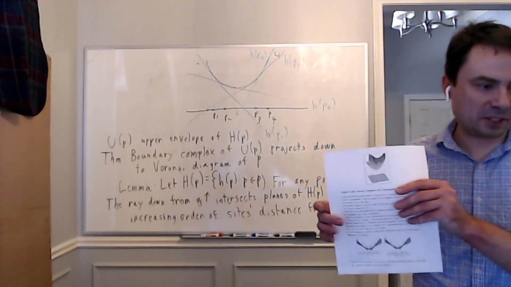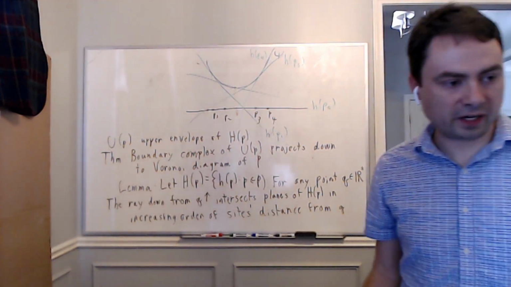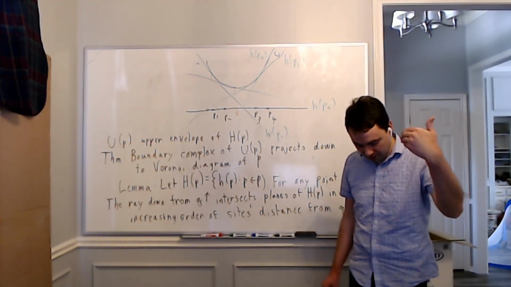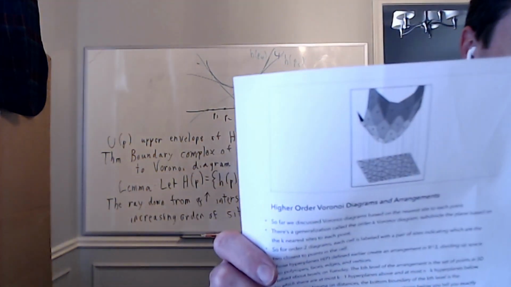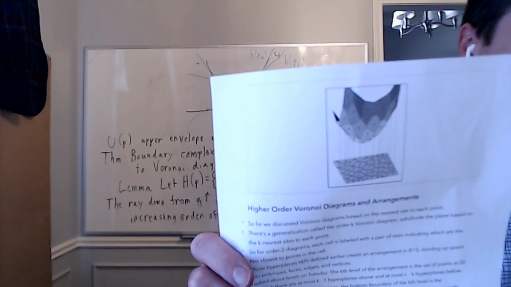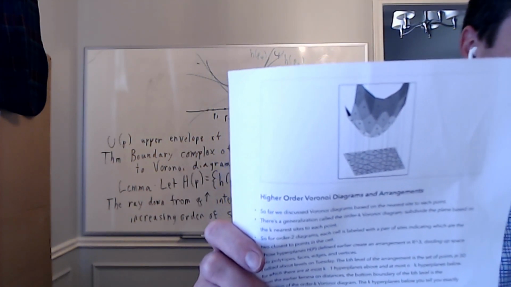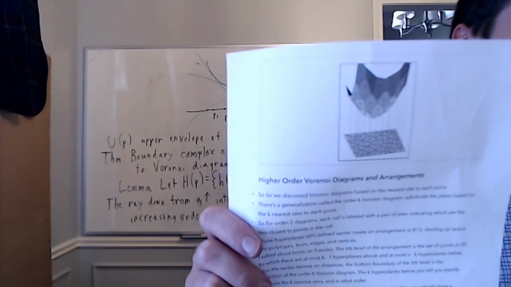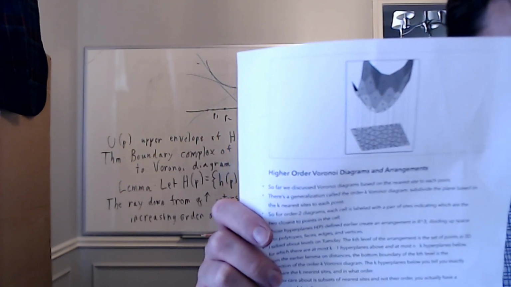Oh, yes. And then I had this picture earlier of the Delaunay triangulation lifting up to be the lower convex hull. Here's a similar picture that I can't hope to draw, where you have all the sites and they form a Voronoi diagram, and they lift up to be the upper envelope of all of these hyperplanes that are tangent to the paraboloid.